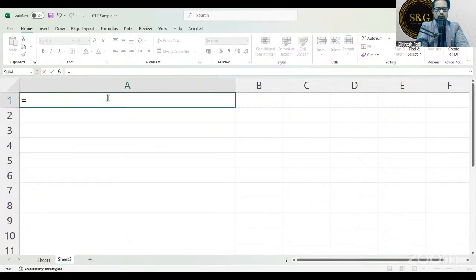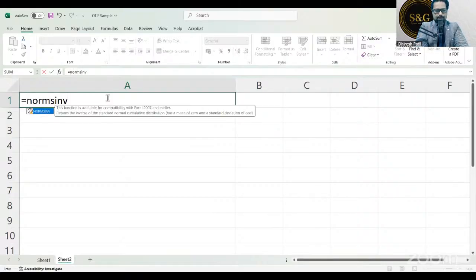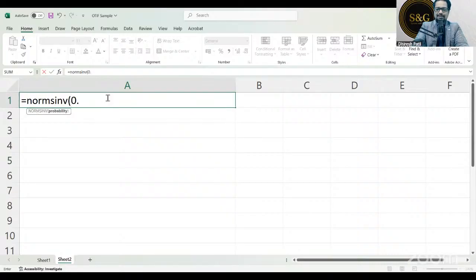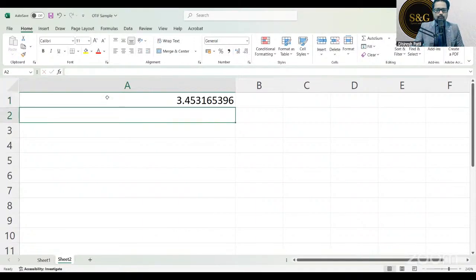So it is equal to NORMSINV, in bracket, yield, which is 0.9746, which is 97.46, right? Plus 1.5. This 1.5 is the sigma shift. Let's put that. So this is 3.45.